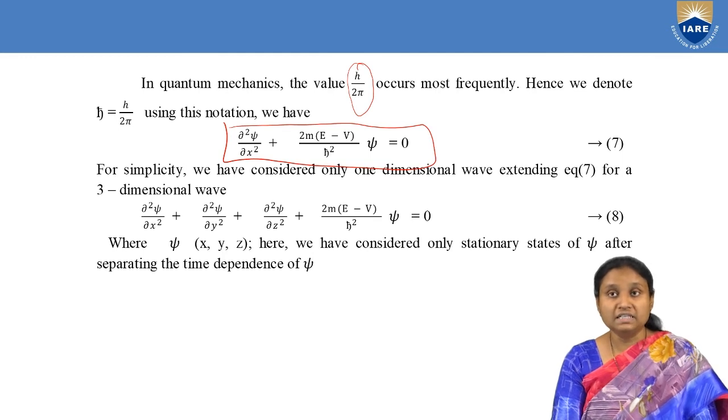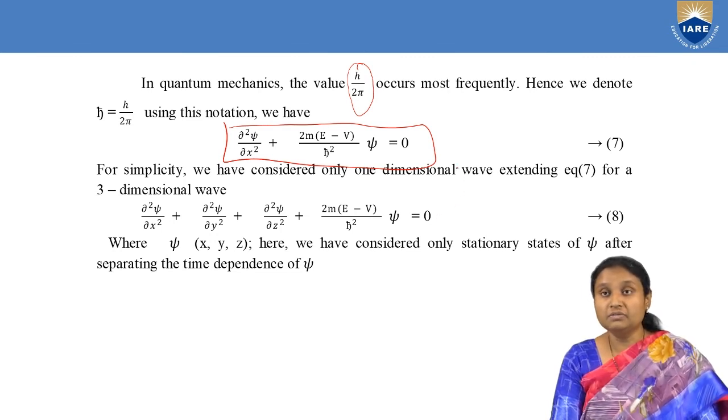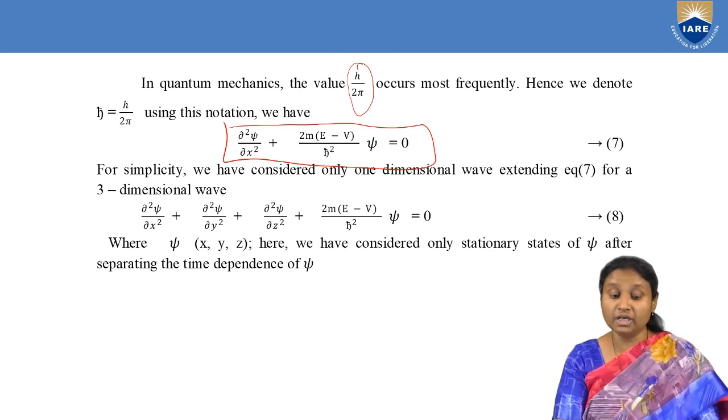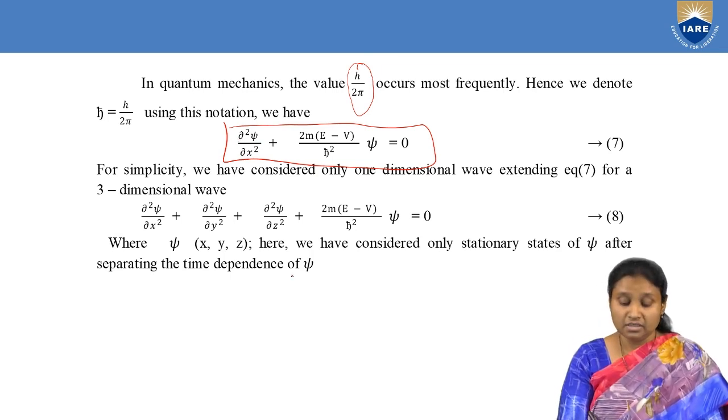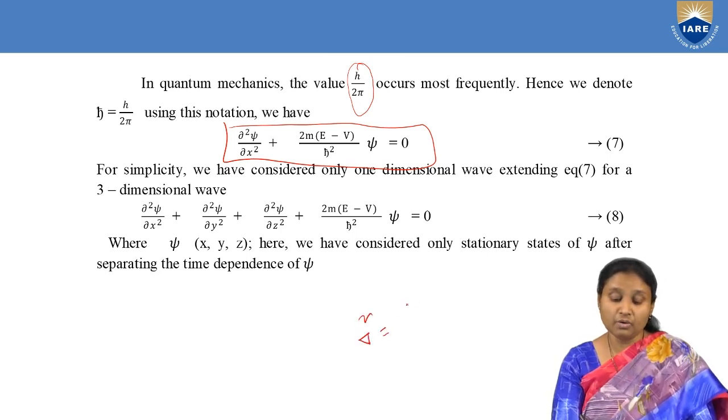If you want to extend this wave equation to a three-dimensional wave, we considered the one-dimensional wave in the beginning for simplicity's sake. But once we get the one-dimensional wave equation, we can extend it to three dimensions. For that, in place of ∂²ψ/∂x², I have to introduce the operator del. We know the Laplacian operator del square is given as ∂²/∂x² + ∂²/∂y² + ∂²/∂z².